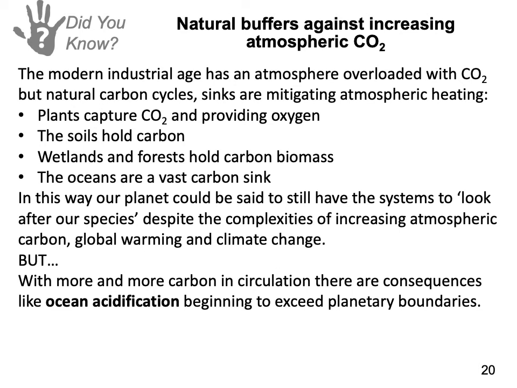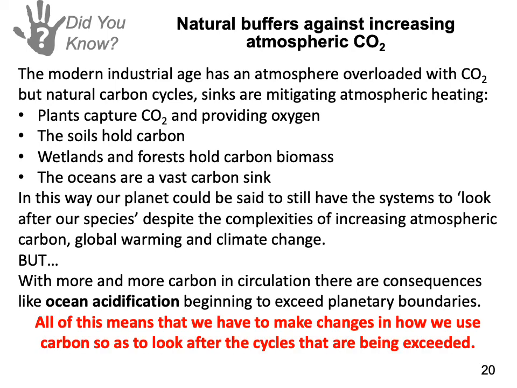So what I'm trying to do here is to deepen and explore the complexities, but at a simple level that can be deepened as we go on. So all of this means that we have to make changes in how we use carbon so as to look after the cycles that are being exceeded.